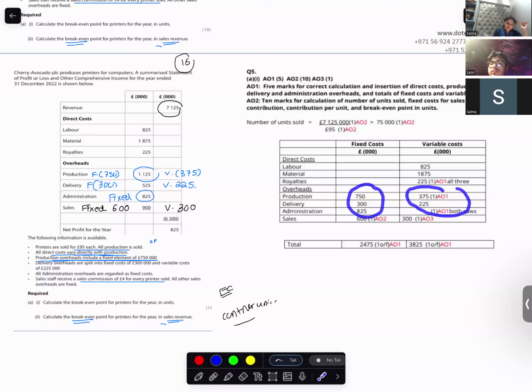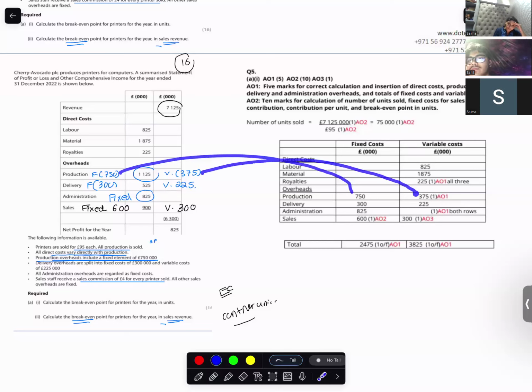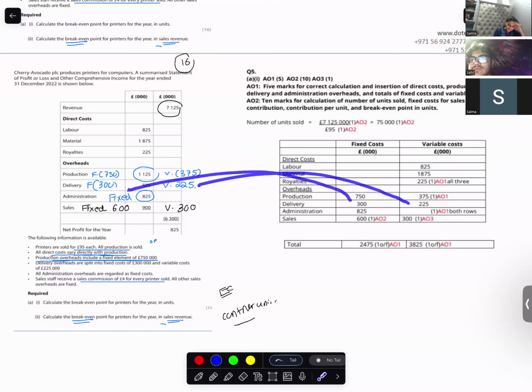You need to show your workings very clearly. The production overhead: 750 was fixed and 375 was variable. Delivery: 300 was fixed, 225 variable. Administration: the entire 825 is fixed. For sales, 600 is fixed and 300 is variable.